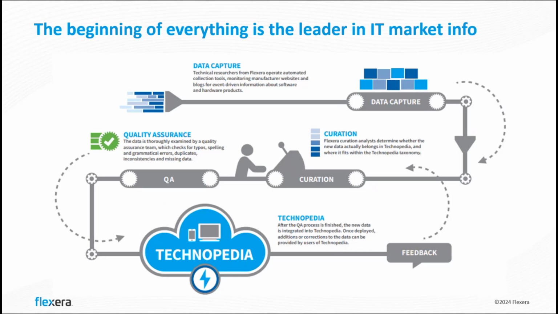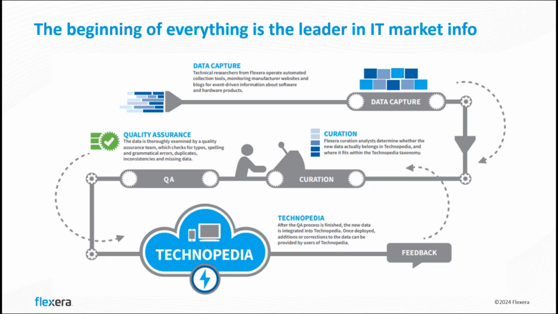And then after the QA process is done, the new data is then integrated into Technopedia's existing data sets. It is deployed as additions or corrections to the data and can as such be consumed by the users through the Technopedia library. End customers will provide feedback, and then that goes back into that curation process again.